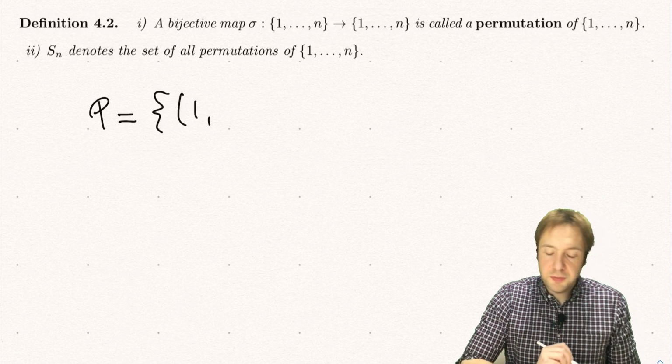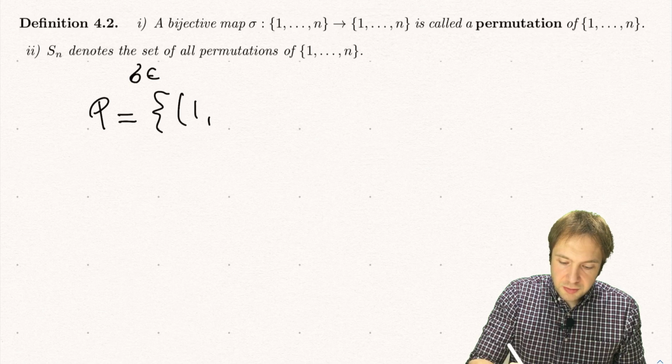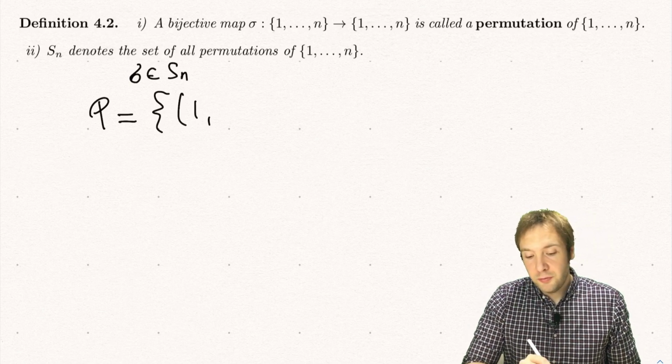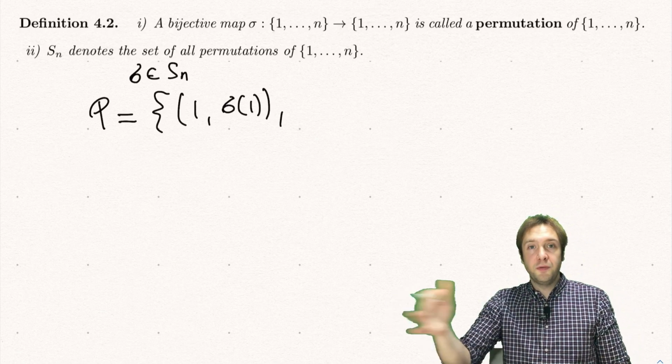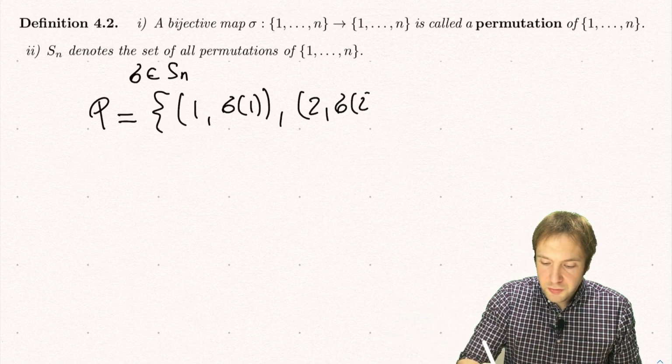So for the first row, I choose a permutation sigma in S_n, and for the first row, I choose sigma of 1. So this gives one of these columns. And then for the second row, I choose sigma of 2.